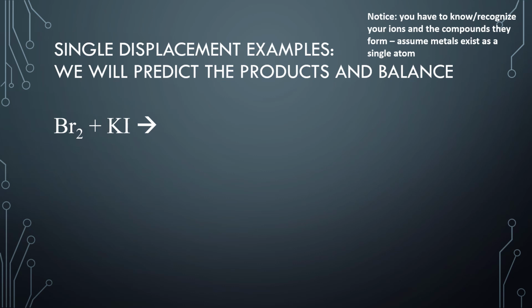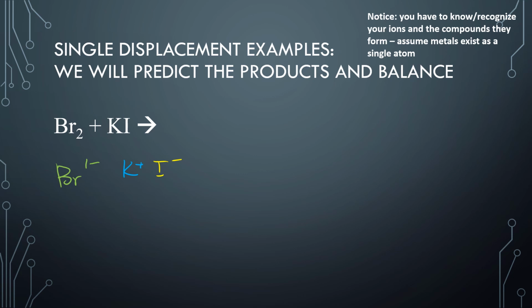So Br2 plus KI. Notice now bromine is going to be our anion, so to speak. It's going to kick off the other anion, which is the I. So Br is 1 minus, K is 1 plus, and I is 1 minus.